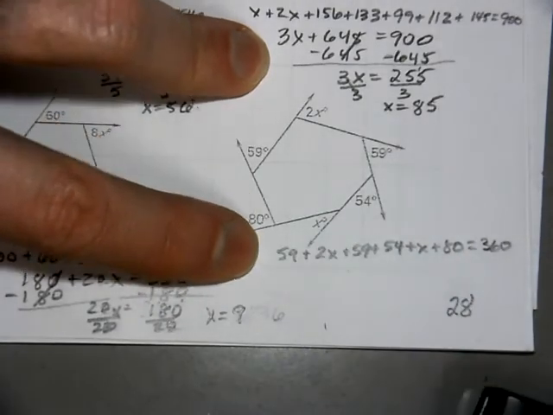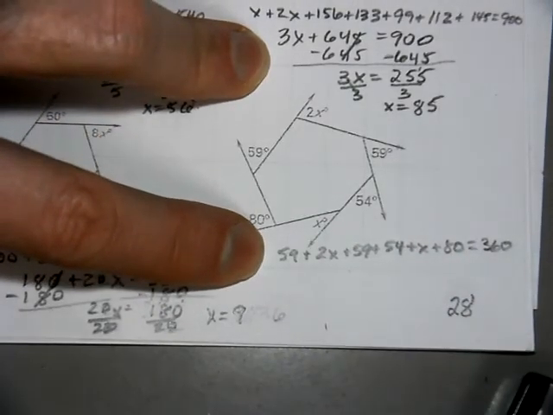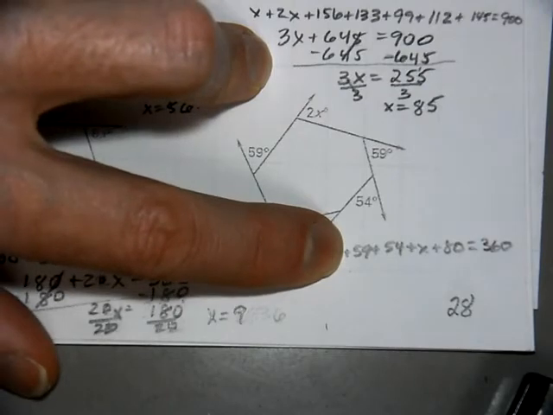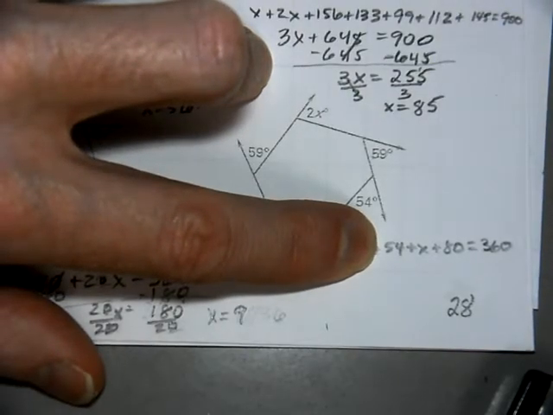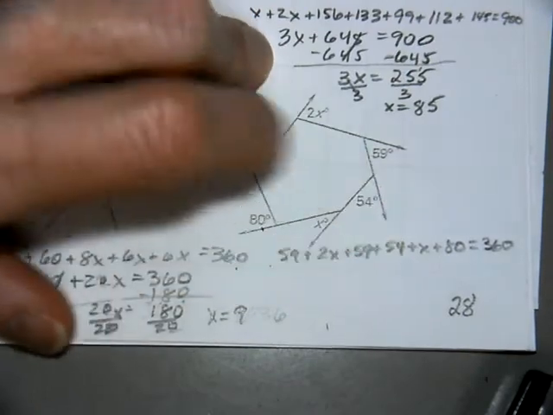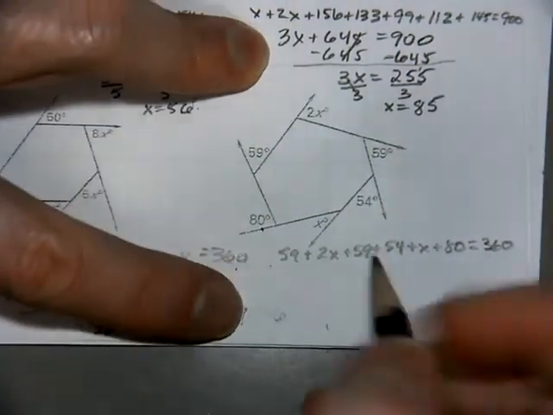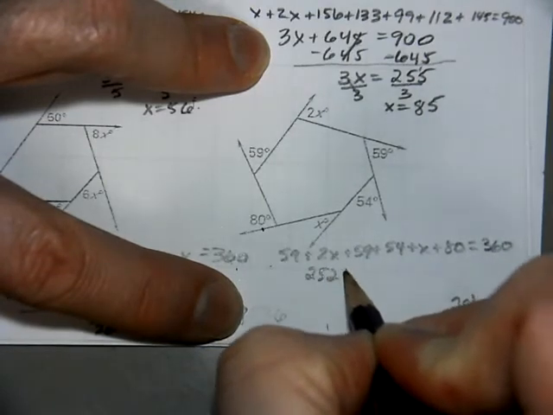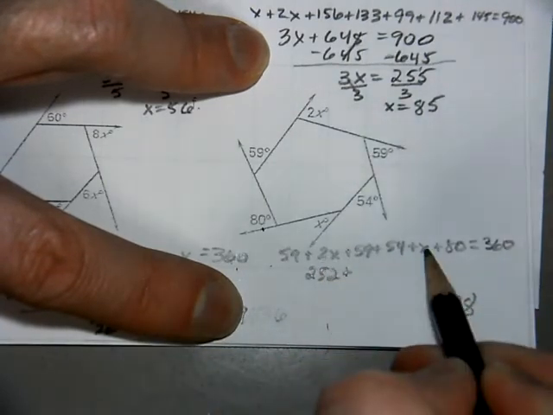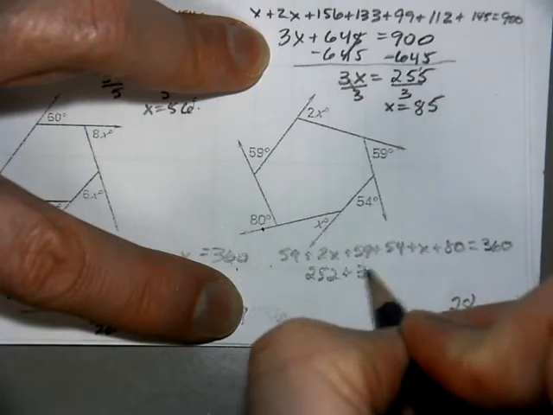So we'll take our calculator and add up the 59, the 59, the 54, and the 80. So that gives us 252 plus, we got 2 x's and then a third x.